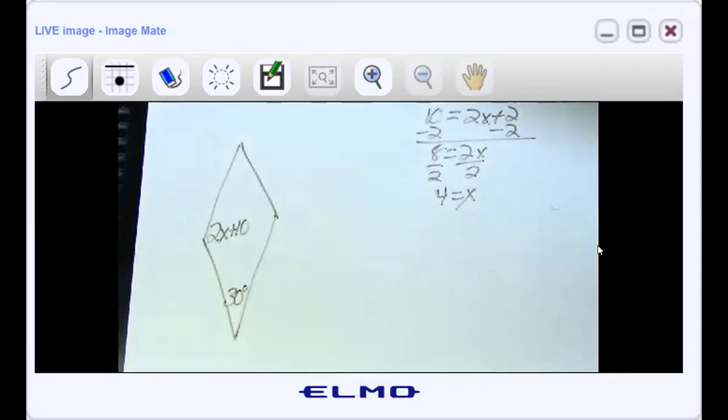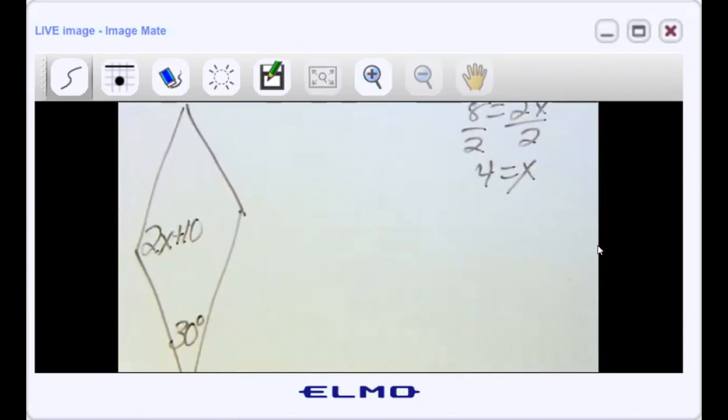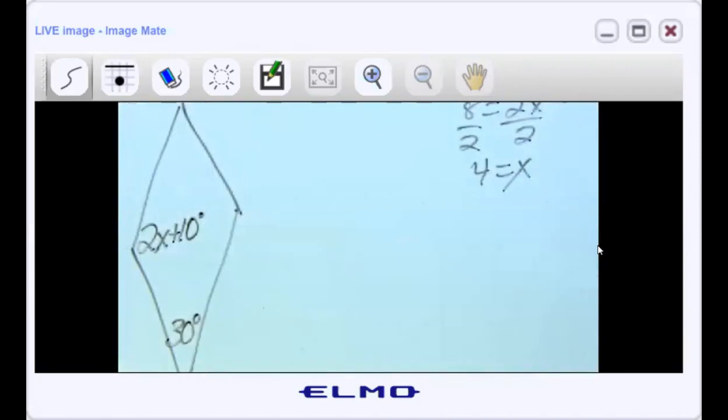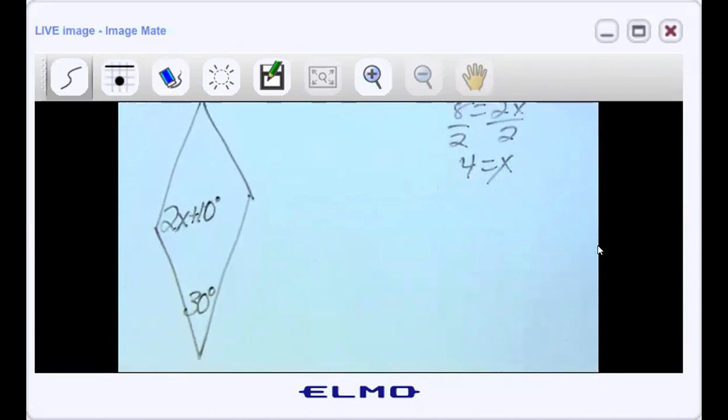Let me zoom in a little bit so you can see it better. So these are angle measurements. One angle here is 2x plus 10, and this angle here is 30. So you need to sort of take a step back and ask yourself, I have to write an equation to solve for x.